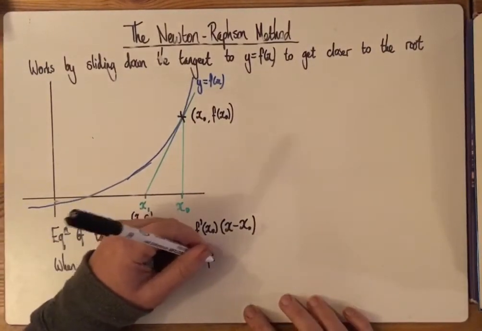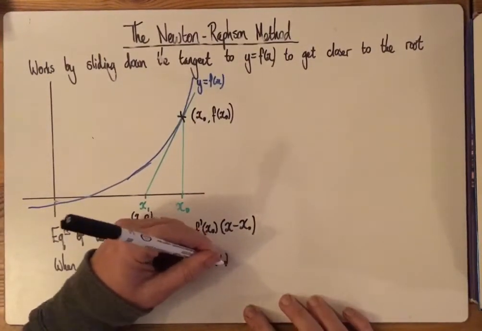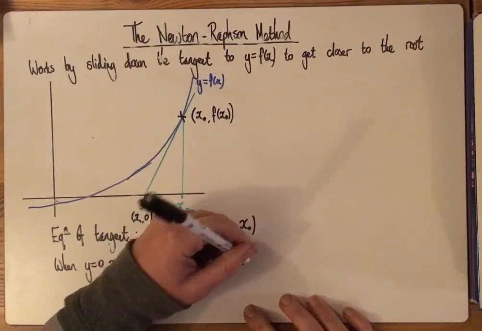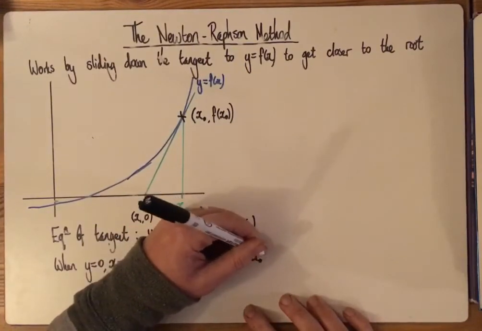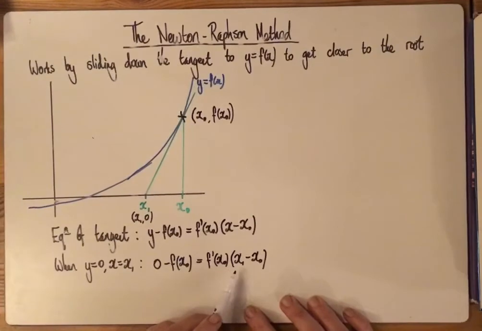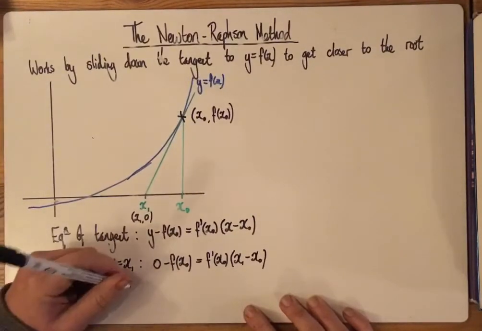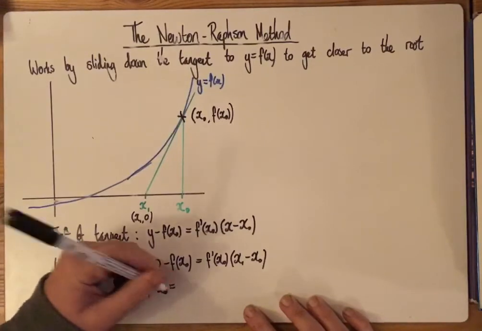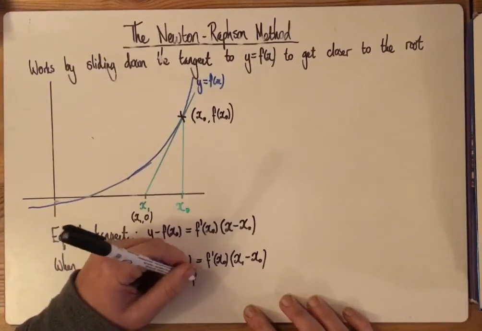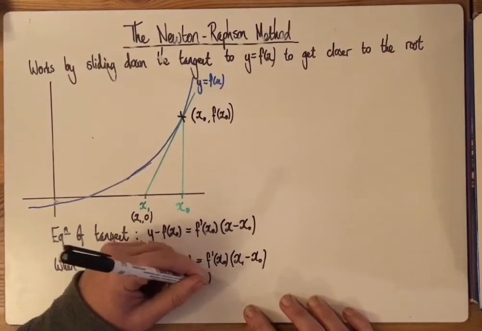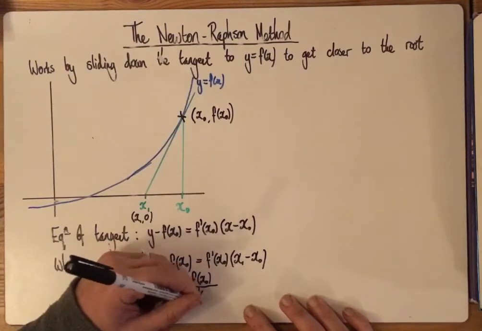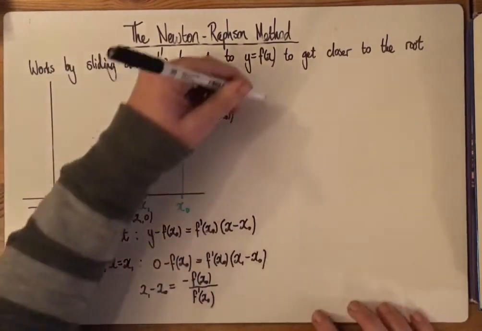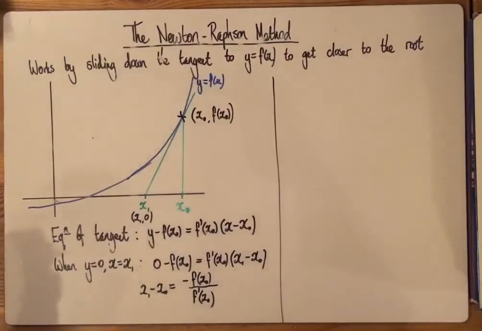So f dash x0 times x1 minus x0. And I just want to rearrange this now to get x1 on its own. So x1 minus x0 is minus f of x0 over the gradient at x0. I'll try and keep this on one board because it's a bit nicer.